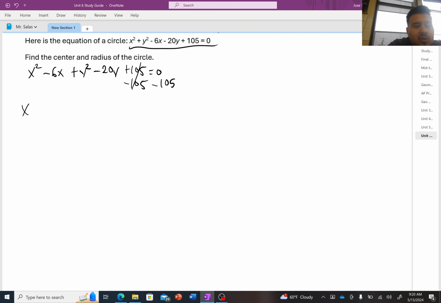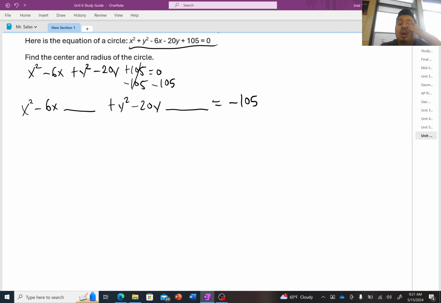I get x squared minus 6x, I'm going to draw a little gap here, plus y squared minus 20y, I'm going to draw another little gap there, is equal to negative 105. So I want to figure out what I am missing here for x and here for y. I'm going to have to complete the square.